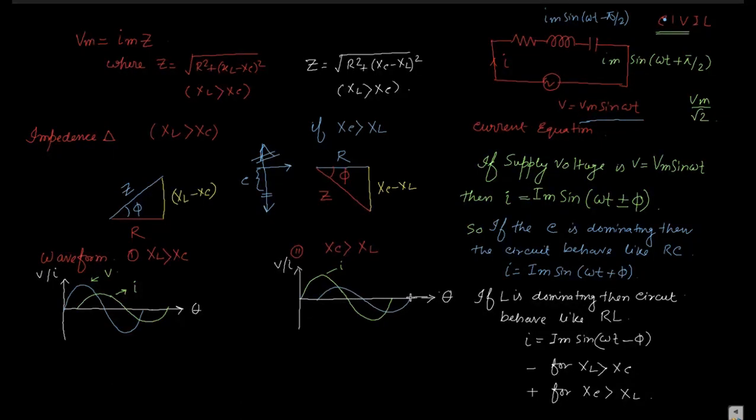You see that when XC is greater than XL, it is an RC circuit, and otherwise an RL circuit.